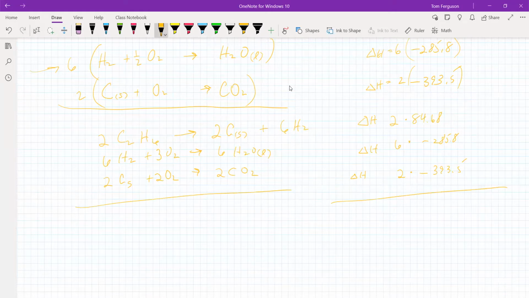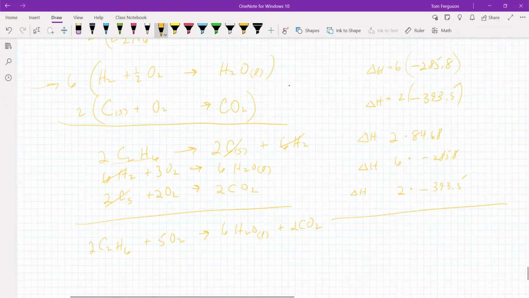Let's add this guy up here. And we have 2 C2H6s. Let's cancel some stuff there first. Okay, we have 2 of those, 2 of those, 6 of those, 6 of those. Okay, so we have 2 ethanes plus 7 oxygens, and we have 6 waters plus 4 carbon dioxide.